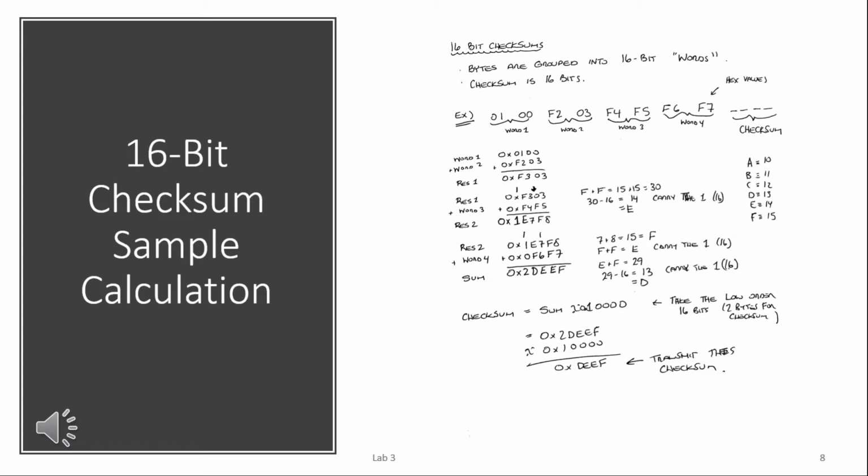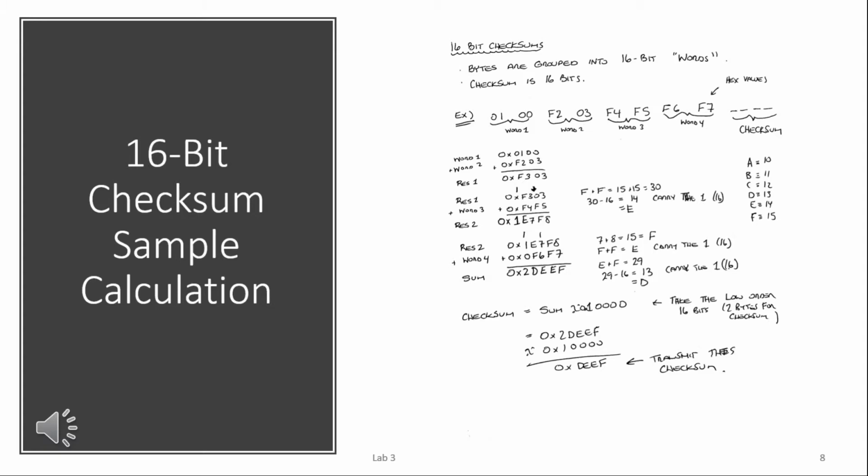So 3 and 5 is 8, 0 and F is F, 3 and 4 is 7, F and F is, so F is 15, plus F is 15, that's 30, 30 minus 16 is 14, that's why the result is E, carry the 1, 1 plus 0 is 1. So anyway, you get 2DEEF as the result of the sum of these 4 words.